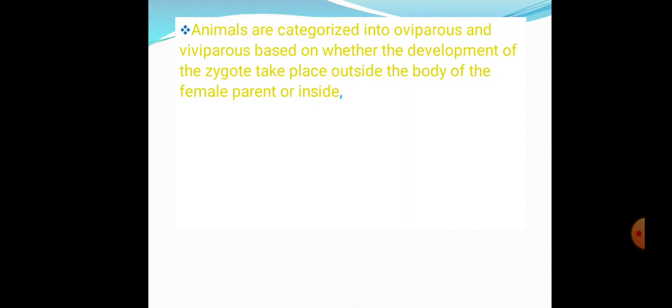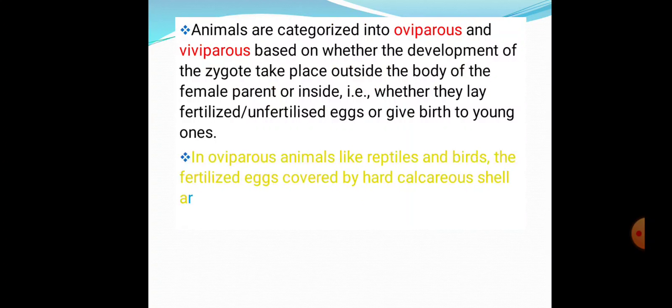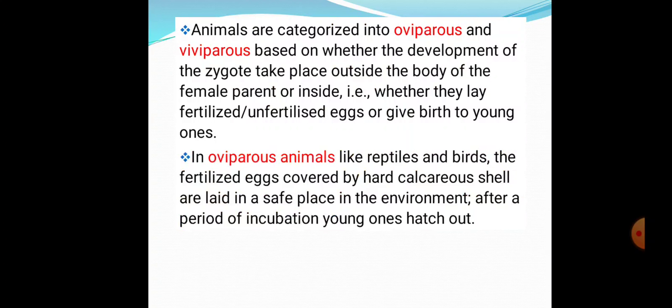Animals are categorized into oviparous and viviparous based on whether the development of the zygote takes place outside the body of the female parent or inside the body. That is, whether they lay fertilized eggs or give birth to young ones. In oviparous animals like reptiles and birds, the fertilized eggs are covered by a hard calcareous shell and are laid in a safe place in the environment.